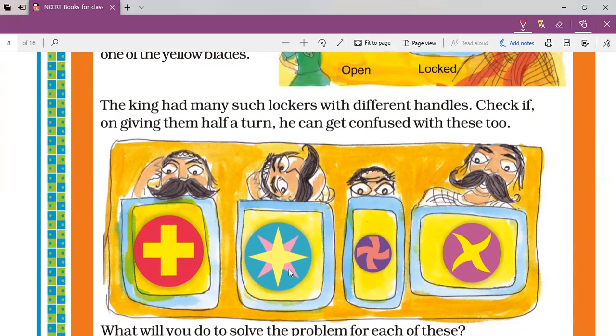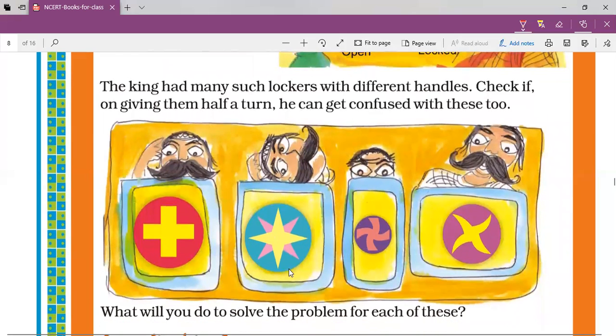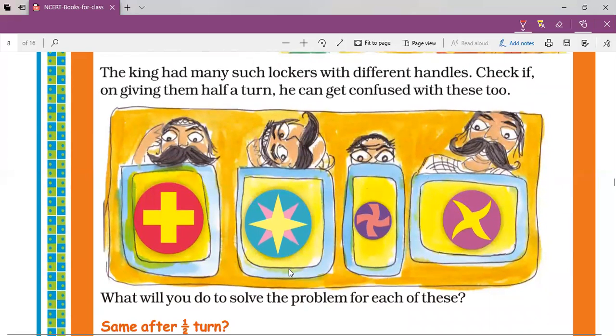He is also getting confused with these lockers. So what are we asked here, what will you do to solve the problem for each of these? Same way, we'll give some mark to some part of this locker, and then we'll come to understand whether it is locked or whether it is open.